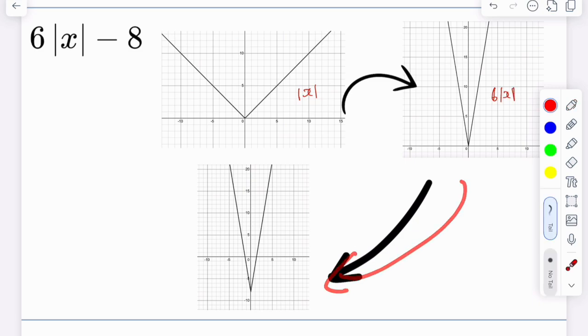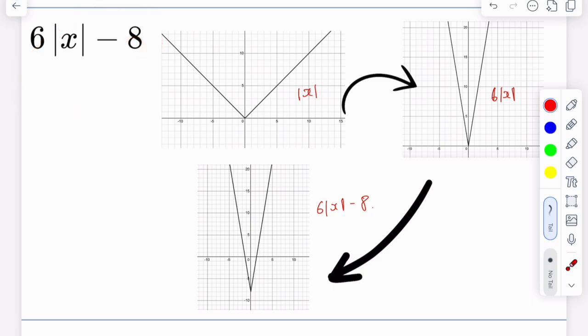And lastly, we've reduced it down by 8. We've shifted it down in the direction of minus 8, which is why we get 6 modulus x minus 8. So that's just a quick little summary on how you go about drawing a graph like this.